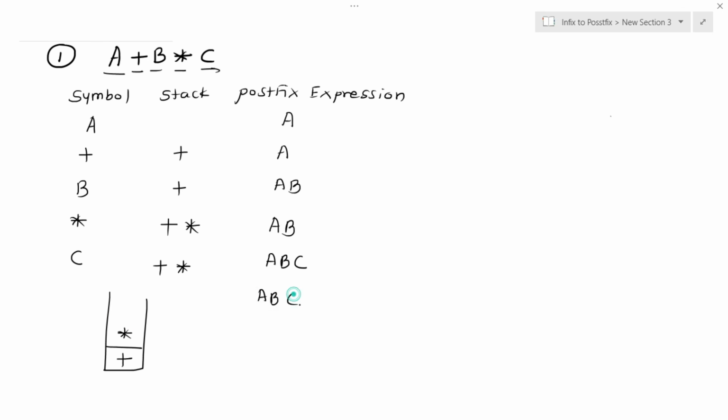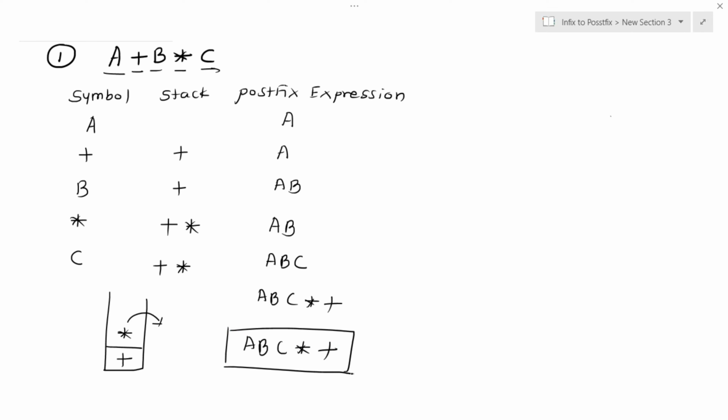Then here the expression is ABC. Now the rule of a stack is last in, first out. The last inserted operator is multiplication, it gets popped first, so here is multiplication and then the plus. Therefore, the postfix expression is ABC multiplication plus.